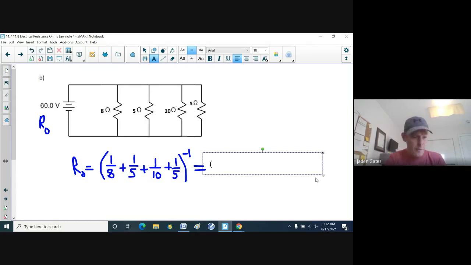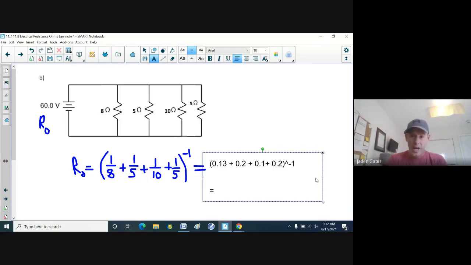All right, so 1 divided by 8 is 0.13. Plus 1 divided by 5 is 0.2. 1 divided by 10 is 0.1. Plus, now I got these in my calculator here, 1 divided by 5 again is 0.2. And when I figure that out, I'm going to take it to the power of -1.